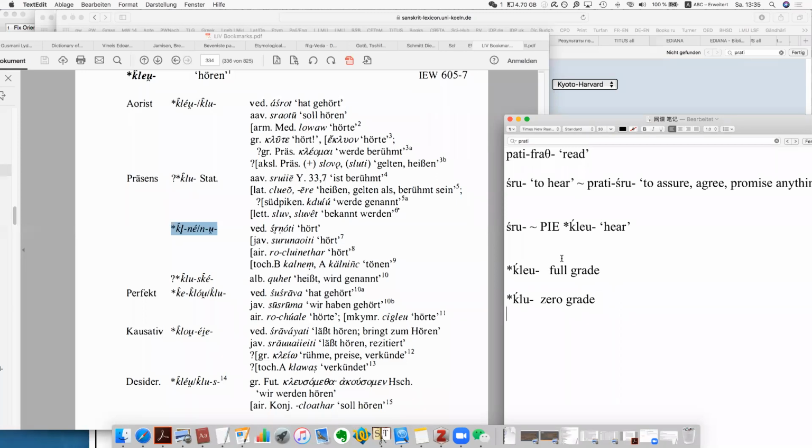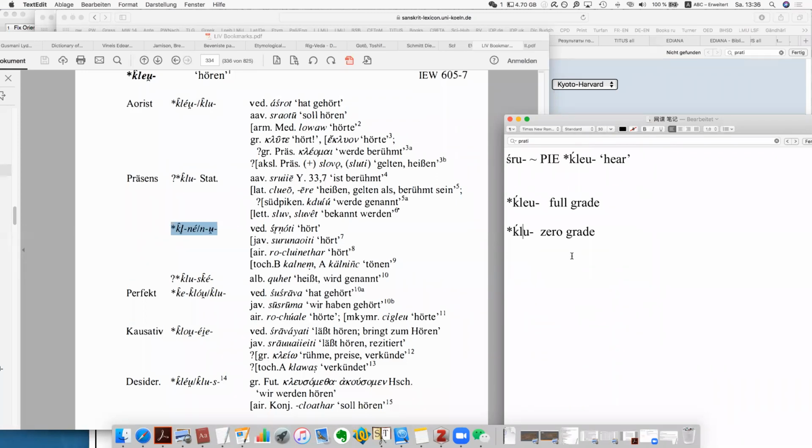And then from the 0 grade, we put a nu inside, and then it turns into neu, and this neu becomes nu in Sanskrit.